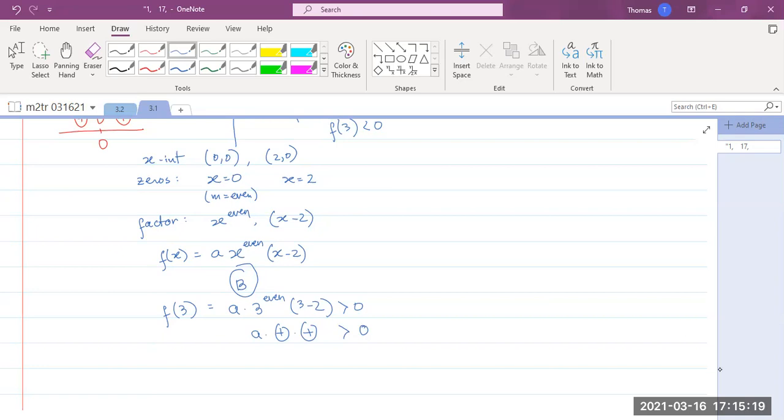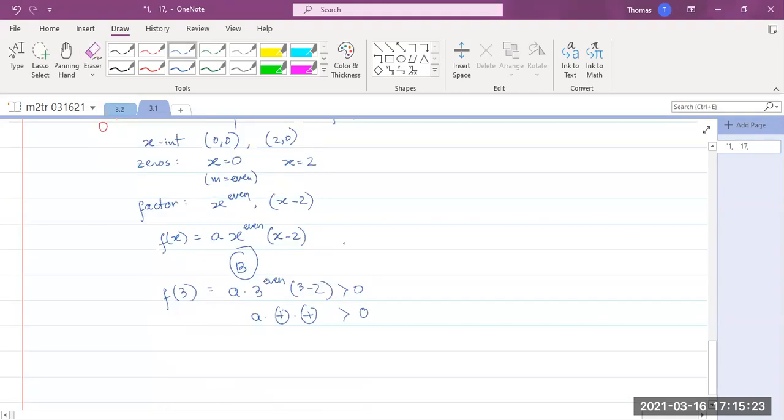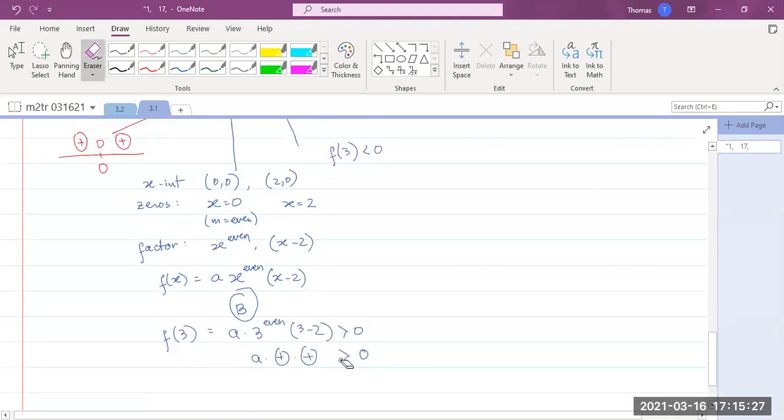Hold on, negative, not positive. I misquoted it. Yeah, f(3) is negative, so this should be negative. Yeah, then a is negative. Okay, that's why we can say further that it must be function B.